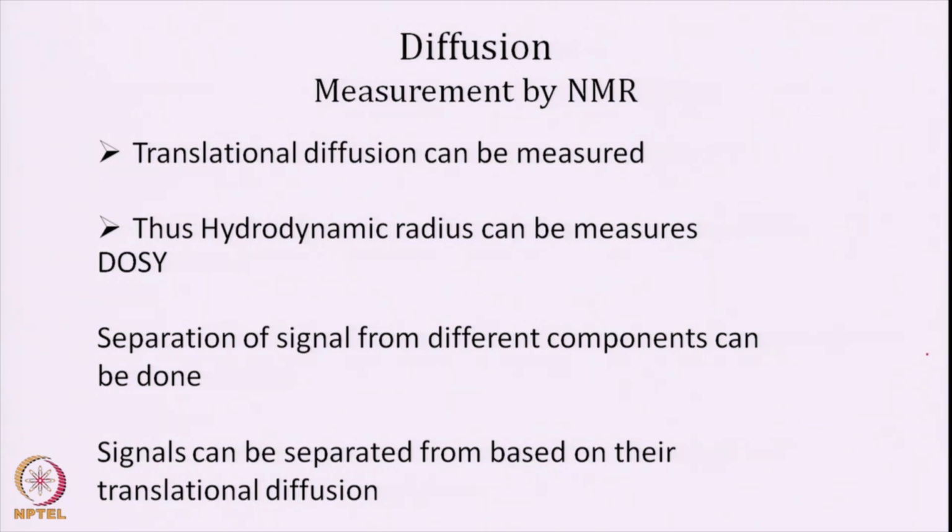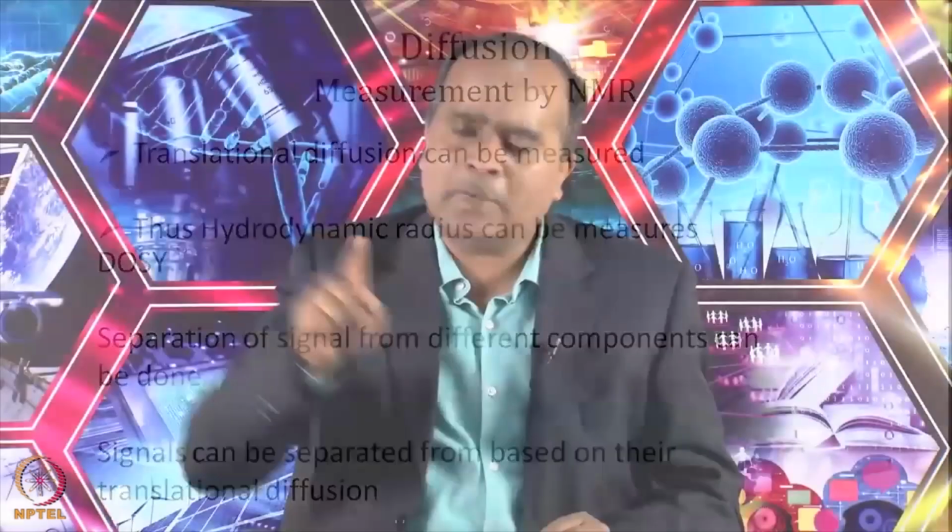If you look at techniques other than NMR spectroscopy, typically for the shape and size of a molecule there are various techniques that people use, like fluorescence correlation spectroscopy. This is also a technique where diffusion of the molecule is measured. In a small focal volume, the molecule diffuses and it auto-correlates. So, you plot the auto-correlation function of a molecule that diffuses through the focal volume, and that gives an idea about the shape and size of a molecule.